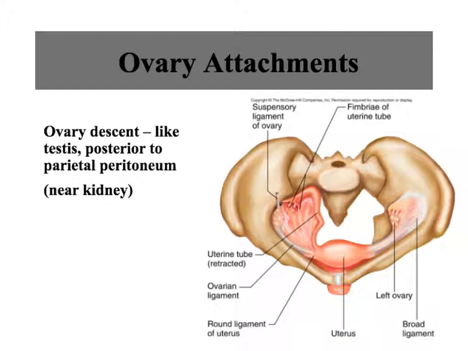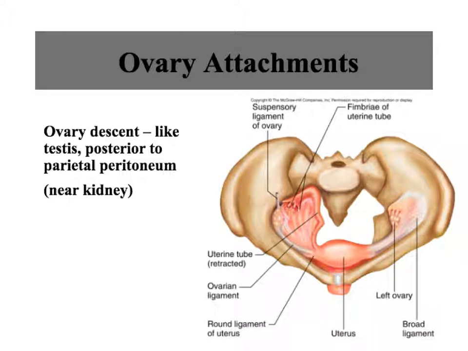We see here the suspensory ligament of the ovary, the fimbriae, like we had mentioned, that guide the movement of the egg through the ovarian tube, the ovarian ligament in front, and obviously, or anterior, and the round ligament of the uterus, really suspending the uterus to basically grow and accompany the change in size of the fetus as it grows.